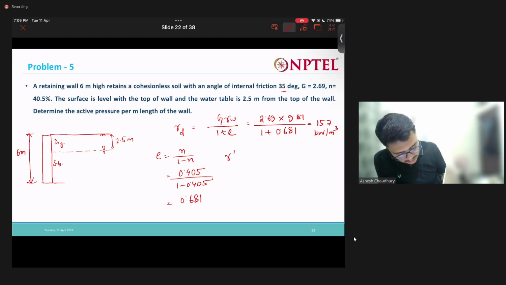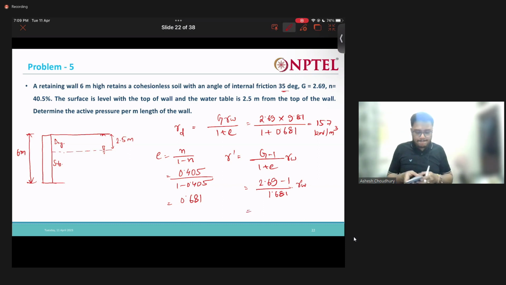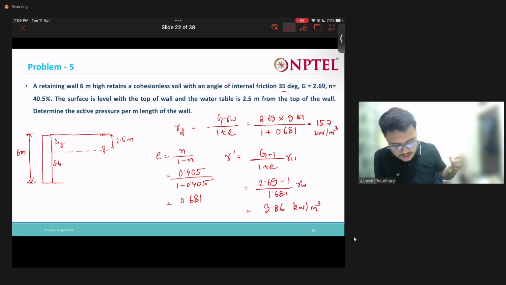And gamma submerged is G minus 1 by 1 plus e, into gamma W, which is 9.86.